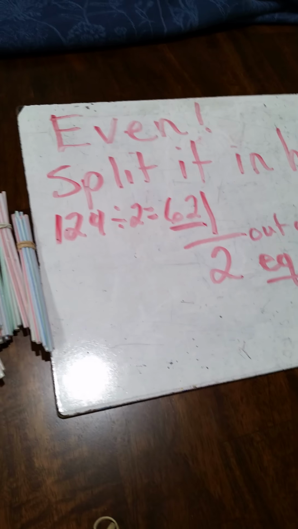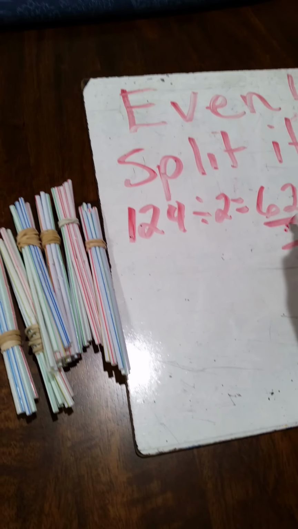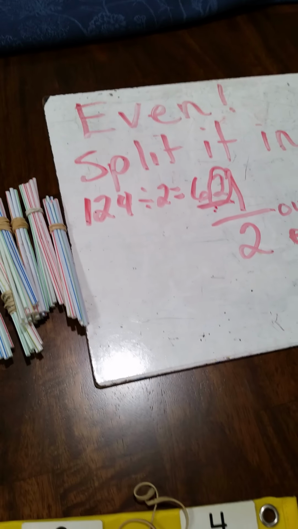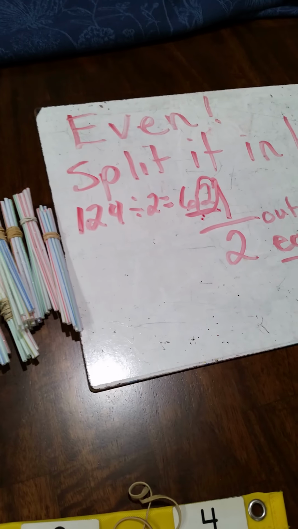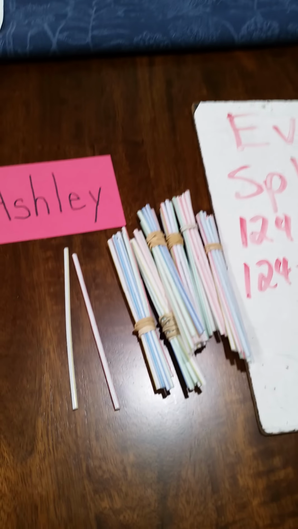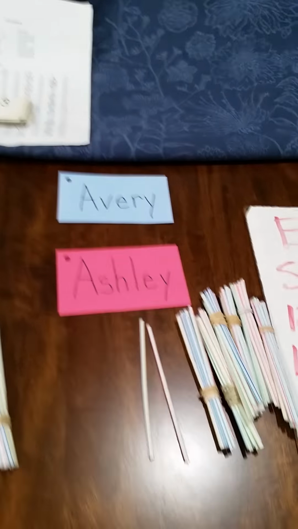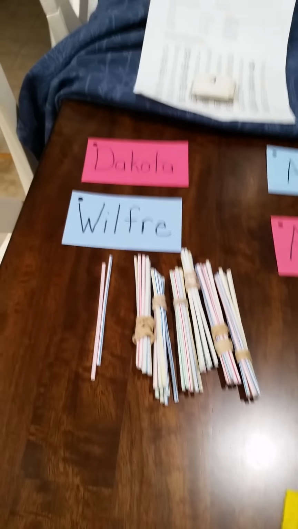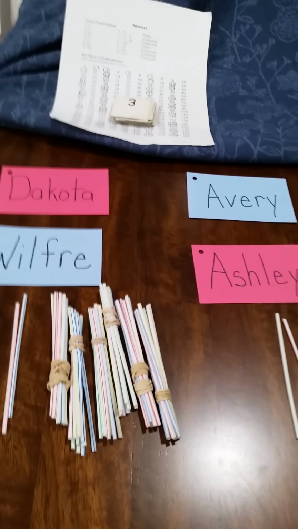Okay? So now tell me about the number 62. Look at the ones place. It is even, so what can we do with that? We can split that in half. So now I need 124 divided by 4. So Avery and Dakota. Now, we need to split 62 in half.